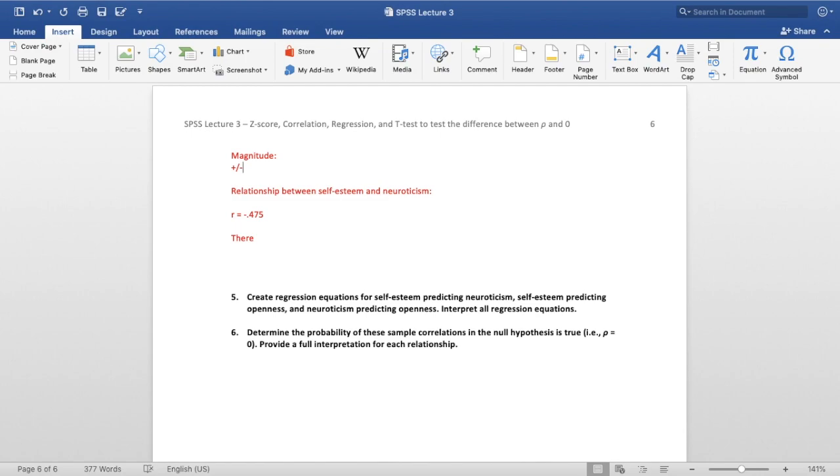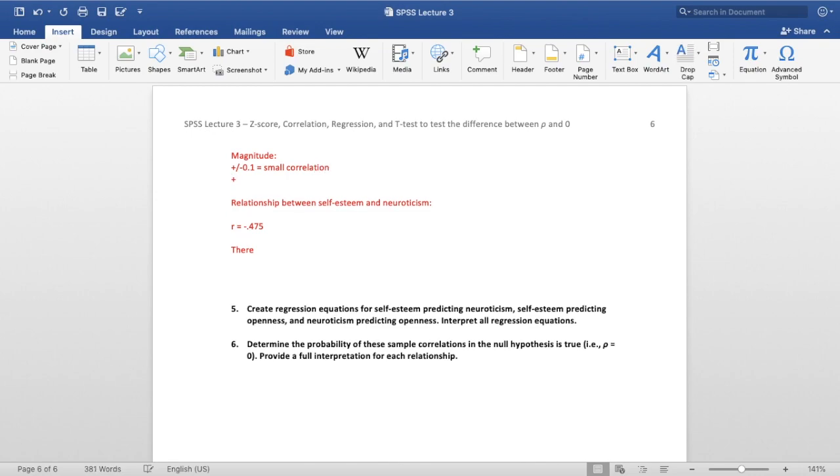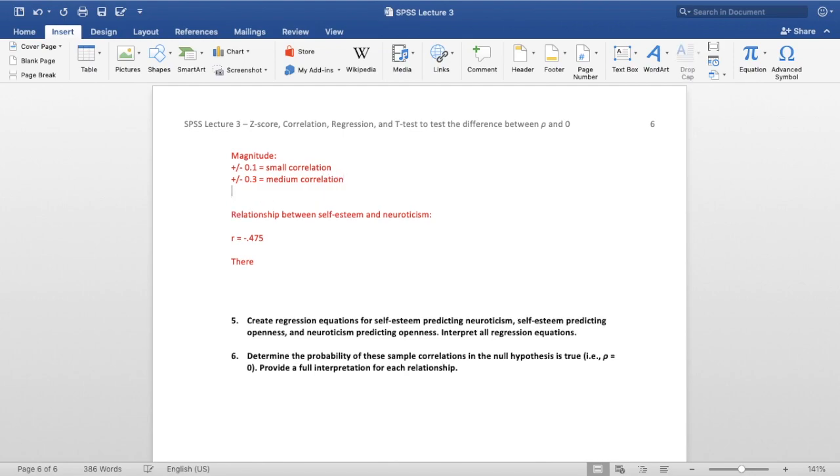Plus or minus 0.1 is going to be a small correlation. Plus or minus 0.3 is going to be considered a medium correlation. Plus or minus 0.5 is going to be a large correlation. Okay, so let's continue with our interpretation.